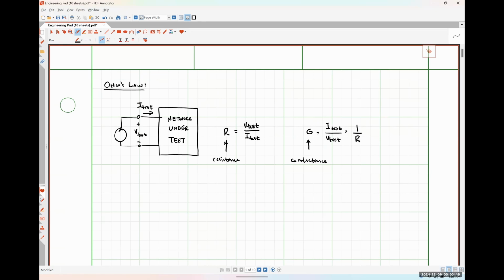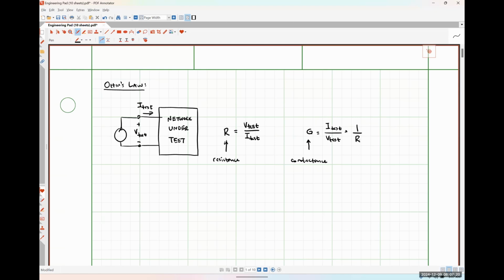So we are not going to use conductance a whole heck of a lot in this particular class. It does crop up very often in later electrical engineering courses, but for the intents and purposes of this class, pretty much 100% of the time that you see a conductance, you can simply take the reciprocal of it and treat it as if it were a resistance, and you won't be messing anything up. So that is what I would encourage you guys to do.